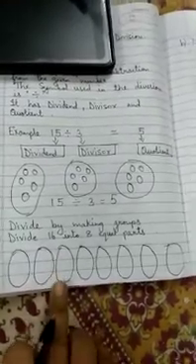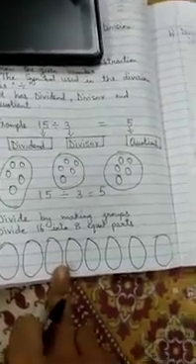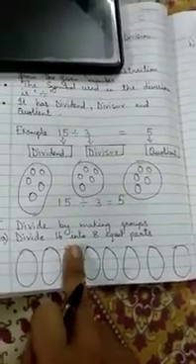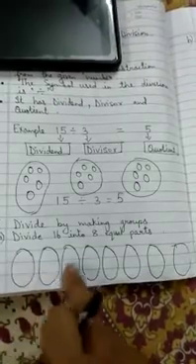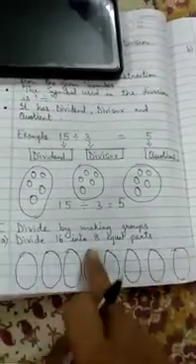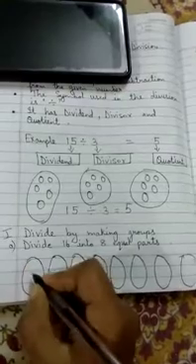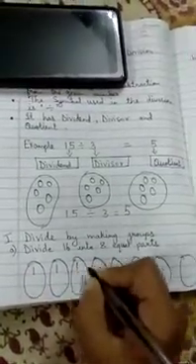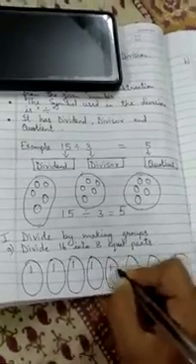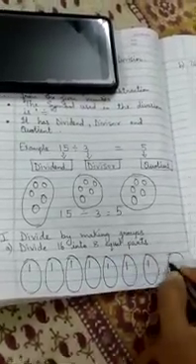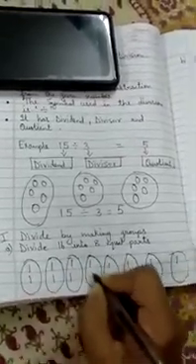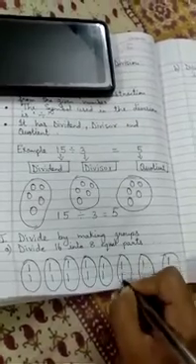Now I will put one object in each group till I get 16. 1, 2, 3, 4, 5, 6, 7, 8, 9, 10, 11, 12, 13, 14, 15, 16.